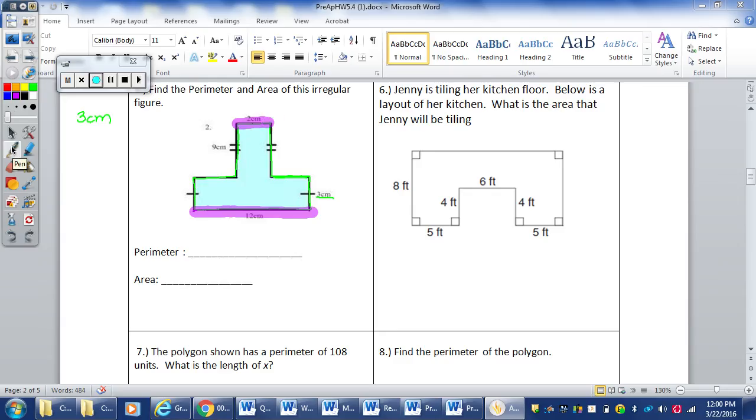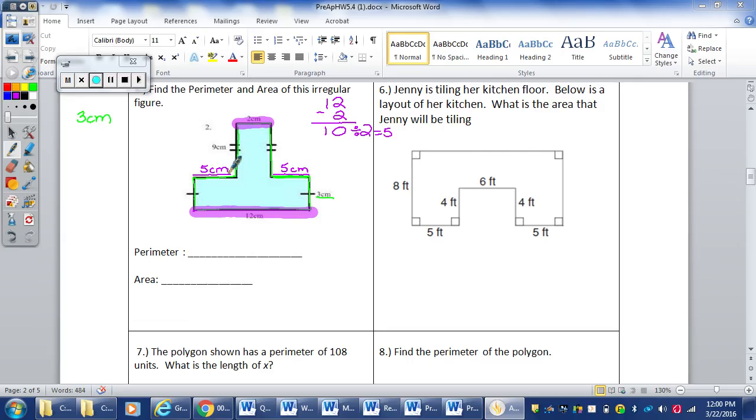So if I take 12 and subtract 2, I get 10. And then you divide that by 2. Very good. Now I would divide that by 2 because I can see that this side and this side are equal to each other. So I know then if I take 10 and divide it by 2, both these sides are 5 centimeters. So I'm going to go ahead and label those.